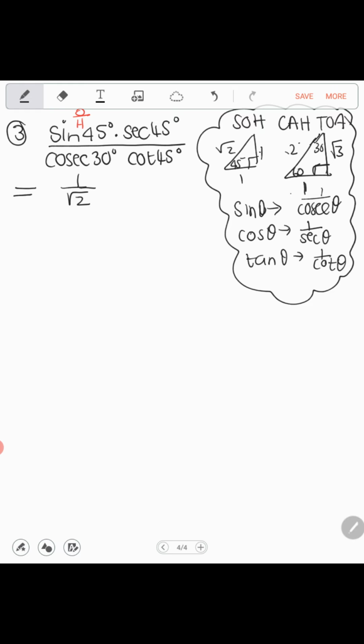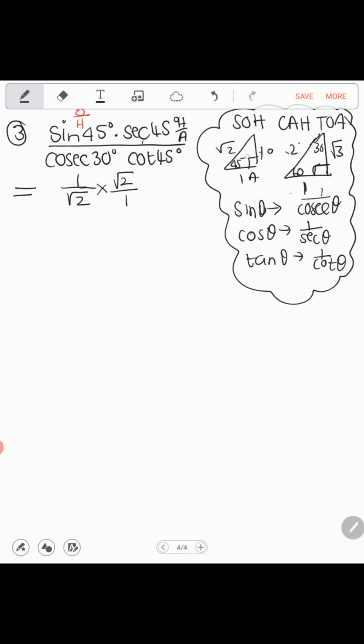Opposite over hypotenuse. Sec 45, well, sec goes with cos, so that means it has to be hypotenuse over adjacent. So that's going to be root 2 over 1.